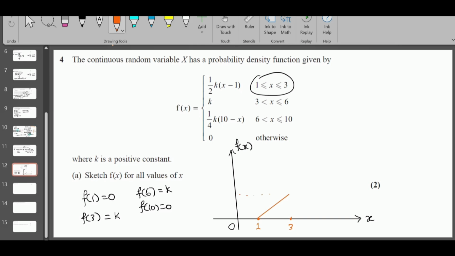This is k. And then 3 to 6, it's just k. I'm going to extend this line. 6 to 10, when we put 10, it's 0. So it goes down again. That's the function. That's all you need to show. You'll be given 2 marks for this.